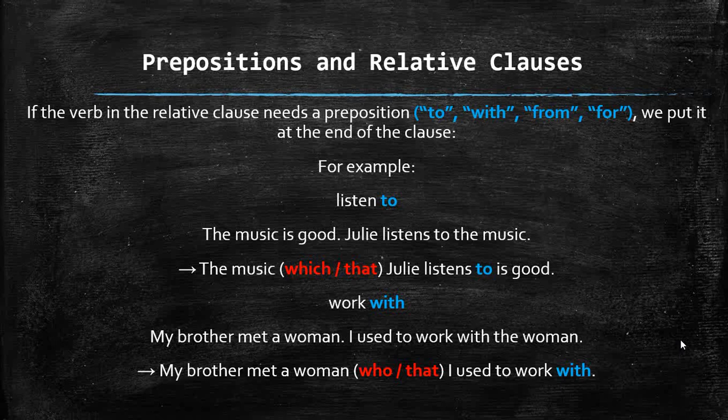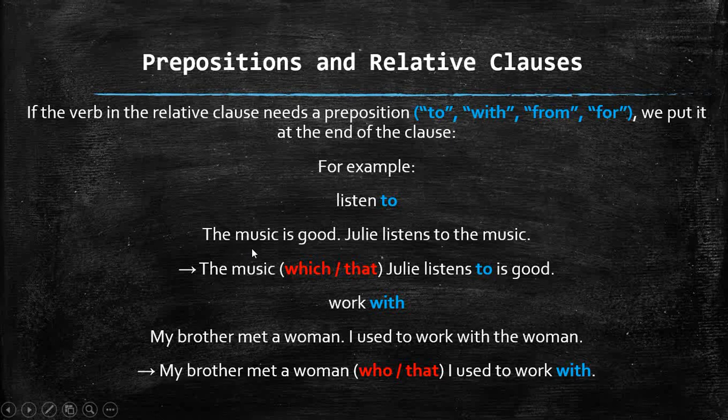Now we're going to talk about prepositions and relative clauses. If the verb in the relative clause needs a preposition like to, with, from, or for, we put it at the end of the clause. For example, with listen to, we have two sentences.